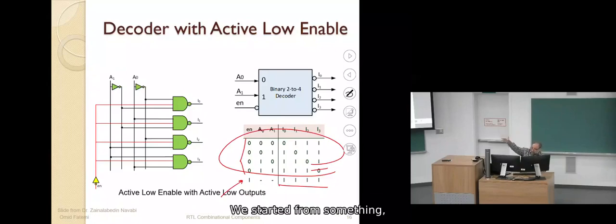We started from something, we made 2 changes to that, and now we have active low enable with active low outputs. So this will give you an idea why you find a component with an active low input. Why didn't they have it active high? The main reason is this.